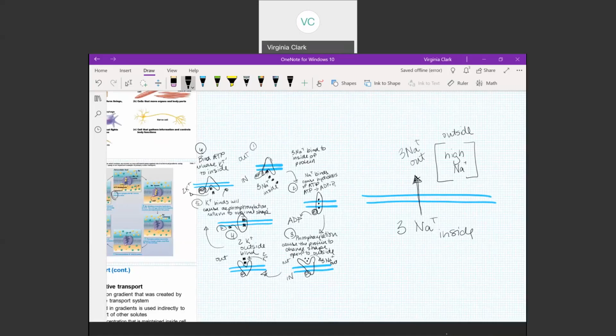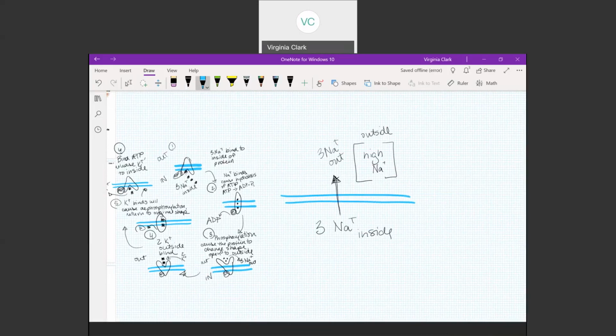At the same time, you're going to pump 2 potassiums that are outside the cell so that they are going to be 2 potassiums in. So you are pumping this way. You are moving your 2 potassiums inside the cell.